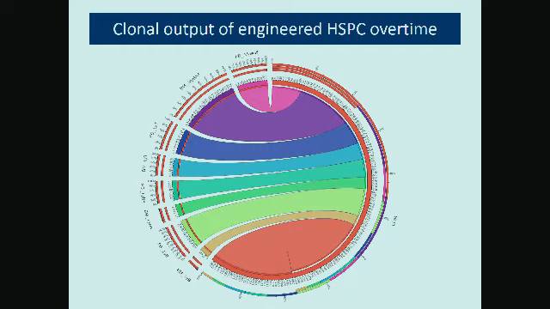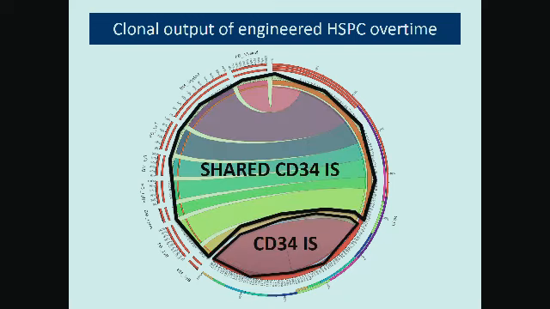The second question was, since we have the data from the CD34 cells in the bone marrow and at the same time data from mature cells in the peripheral blood, can we measure the output of the CD34 cells over time? So we envisaged this visual representation in which I would like you to focus on the rainbow part as compared to the red part.